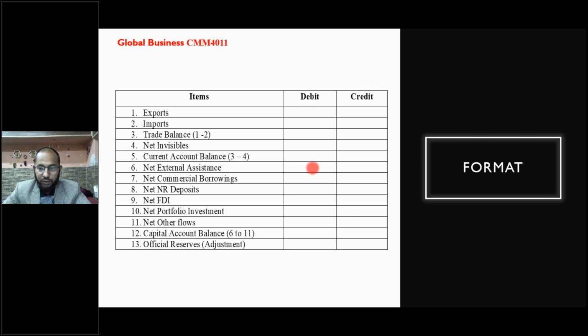Now there is one thing which needs to be understood, that the capital account always appears to be very positive. Take the example of net external assistance. Suppose we are receiving 2 billion US dollars as external assistance from the IMF, and on the other hand we are giving 1 billion US dollars to Bhutan.